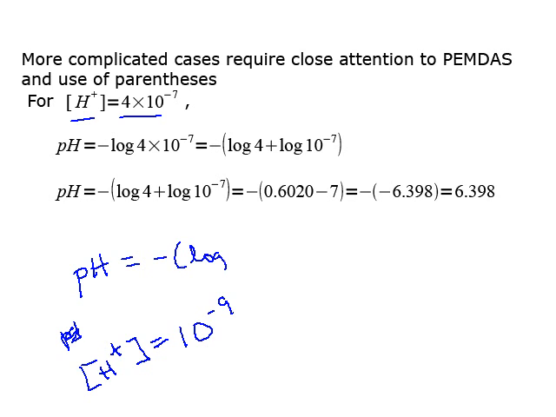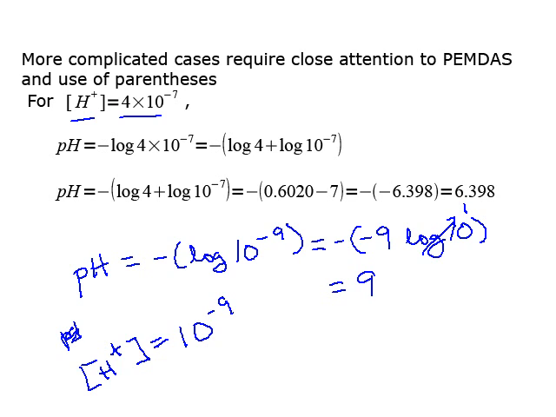Minus the log of 10 to the -9. The -9 comes out in front. Remember, you've still got a negative sign there. Times the log to the base 10. Log to the base 10 is 1. So this gives you minus a -9, which is 9. You can even do it by inspection. If the hydrogen ion concentration is 10 to the -9, the pH will be 9.